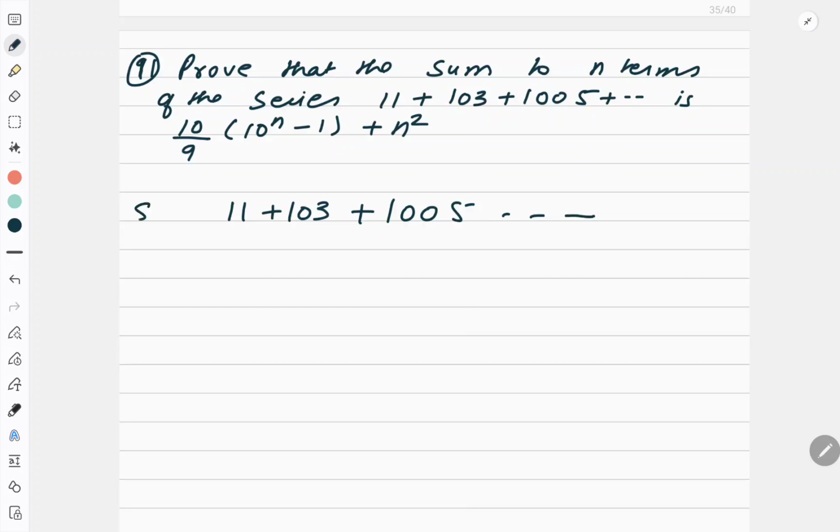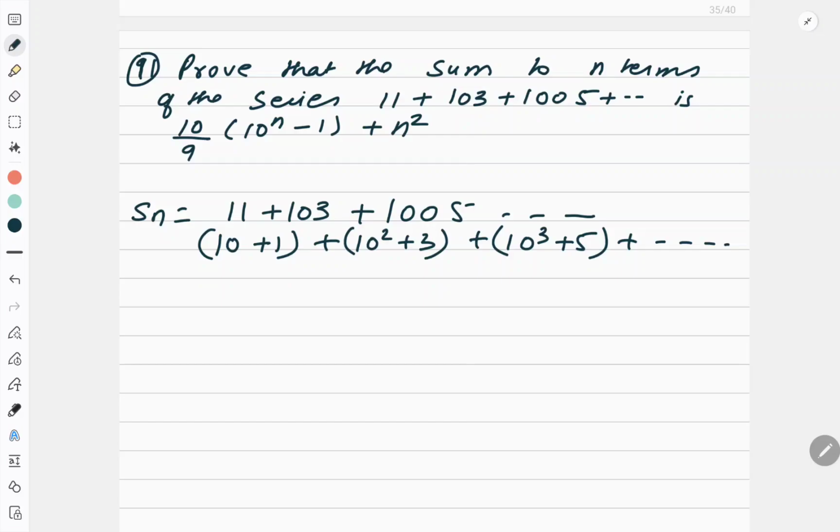Correct? You are finding out this Sn. Now what is 11? 11 is 10 plus 1. 103 is what? 10 square plus 3. This is 10 cube plus 5, and so on up to n terms.